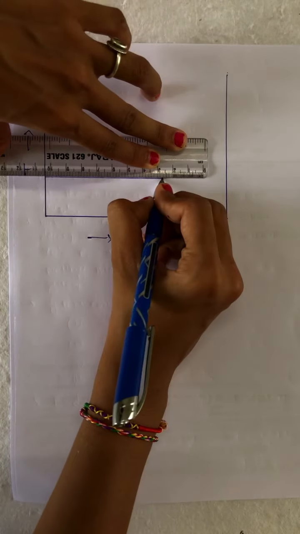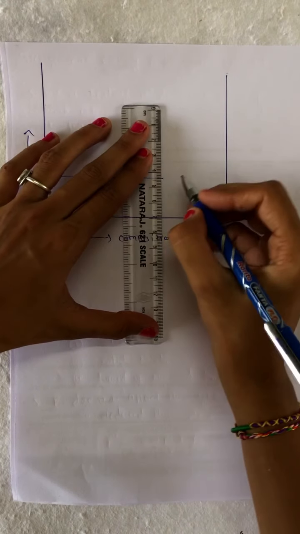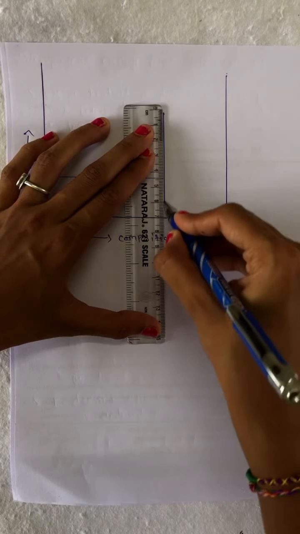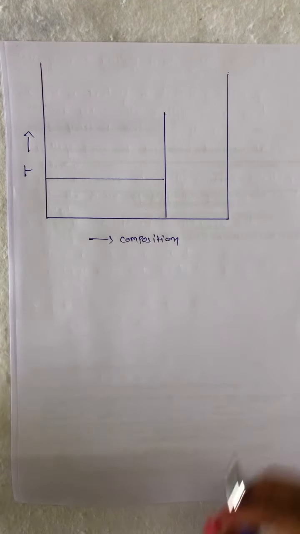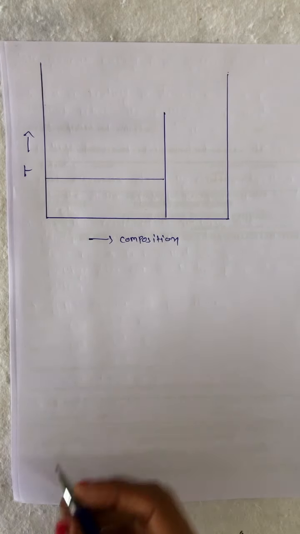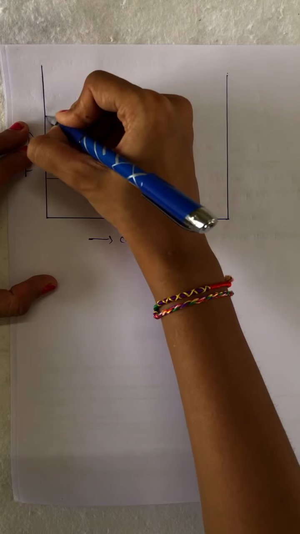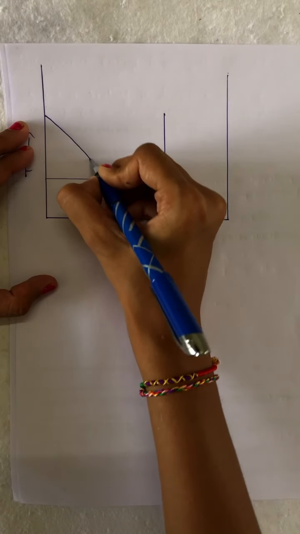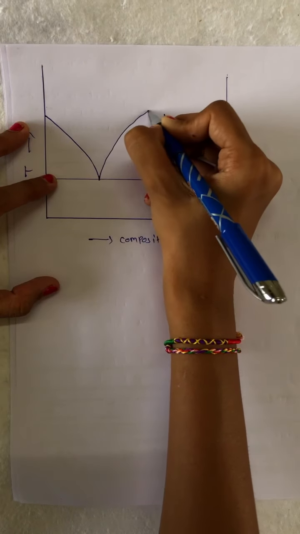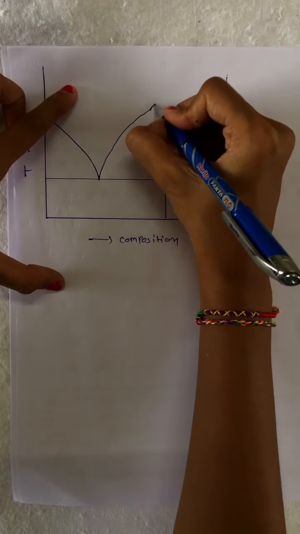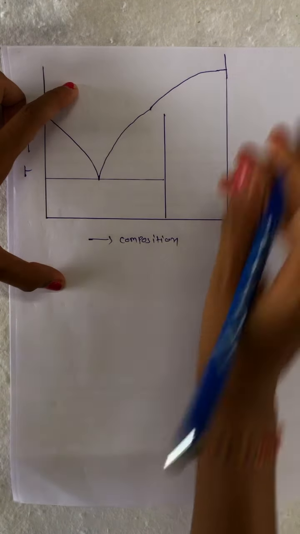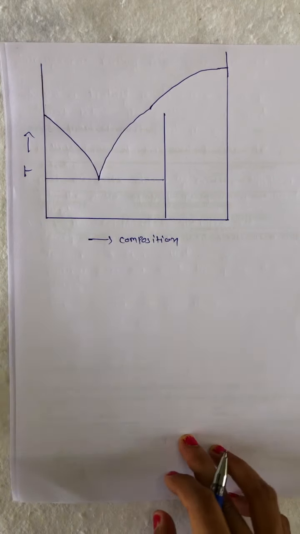This is one curve, another one is this, and another one is this. So this is what the system looks like, right?